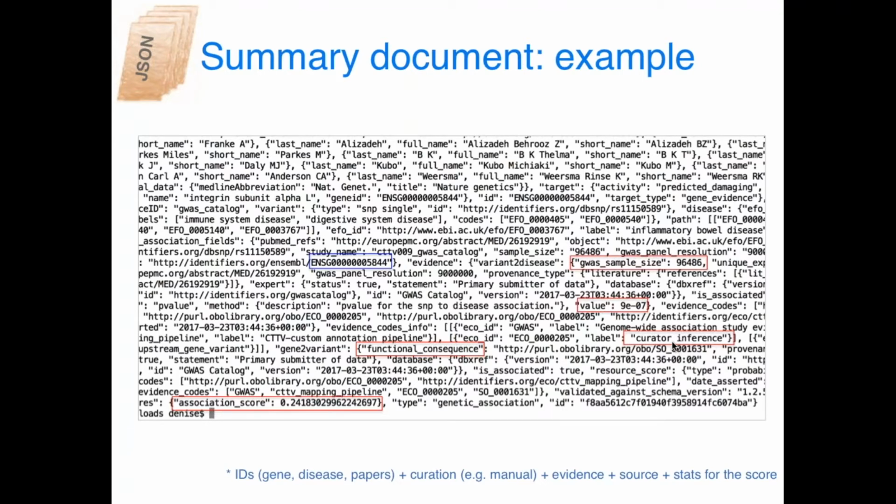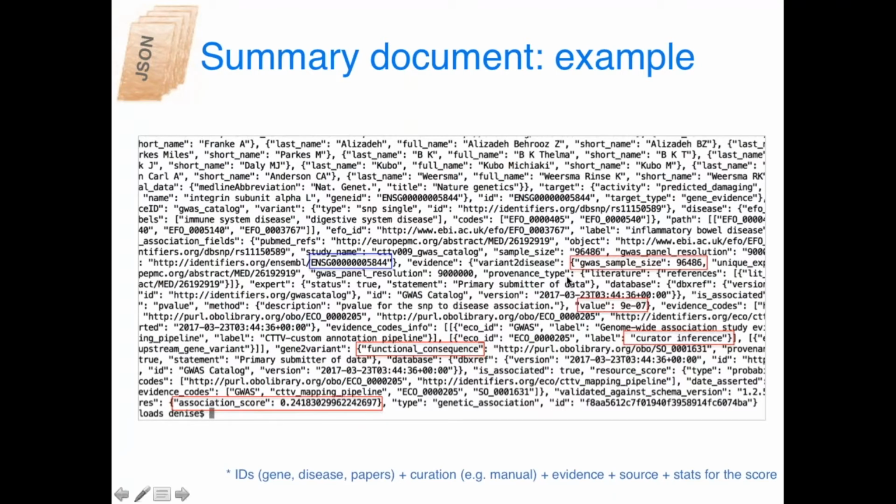And we look into factors such as the sample size for the given evidence, and also what the confidence value for that evidence is. So for example, for the GWAS evidence, they curate papers and look for the p-value for that reported association.